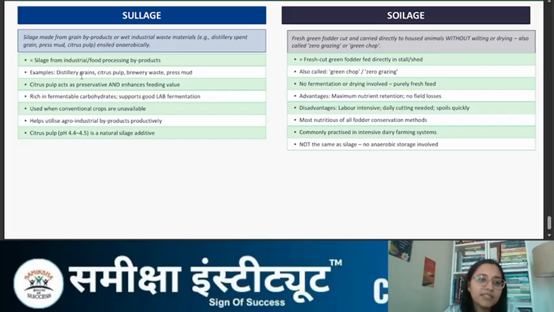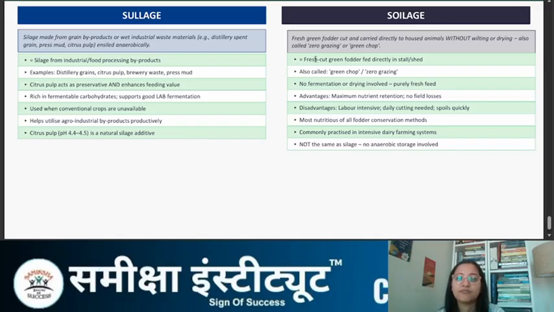Examples include distillery grains, citrus pulp, brewery waste, press mud, etc. These are basically rich in fermentable carbohydrates. We want the water soluble carbohydrates, and these industrial byproducts are rich in them.